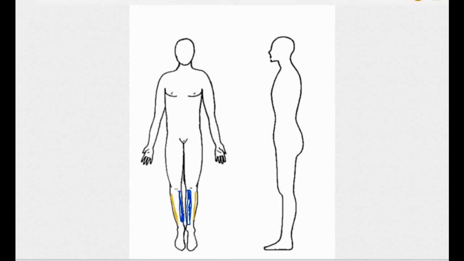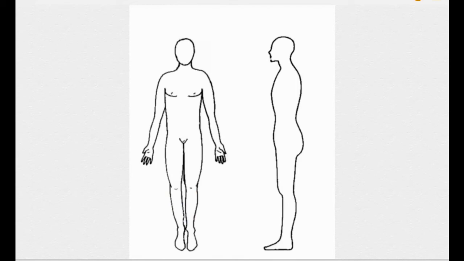So when someone says it's on the tibial aspect of the leg, that just means it's closer to the mid-sagittal plane. Okay? Same thing goes for the fibula. If they say it's on the fibular aspect of the leg, it's going to be on the more lateral aspect. So you could either say on the medial aspect of the leg, which would be the same as tibial, or you can say on the fibular aspect of the leg, which would mean the lateral aspect. Those are just some additional terms that you might hear.